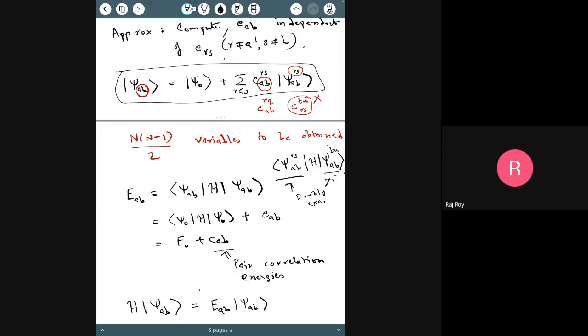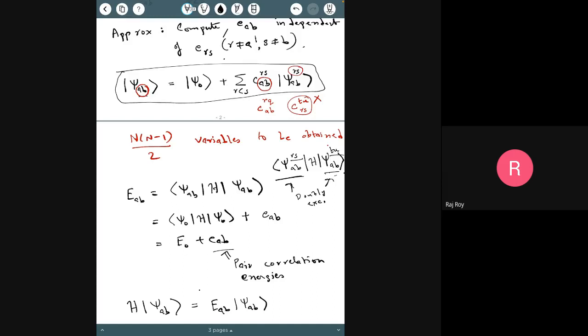This term is actually a sort of coupling between the RS excited pair and the TU excited pair. But when you talk about the independent electron pair, every occupied electron pair interacts independently with the virtuals. So there is no coupling between an RS pair and a TU pair.